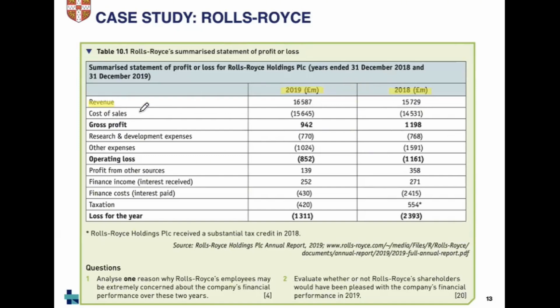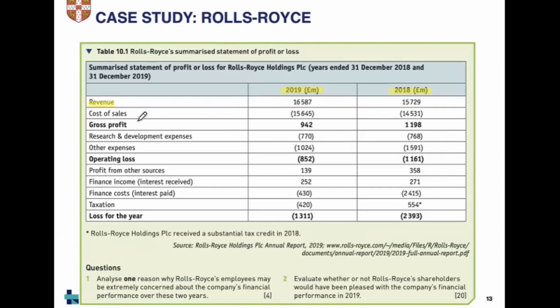Then we look at the cost of sales. Now it is manufacturing engines, engines for ships, engines for airplanes. So what will be the cost of sales? These are the parts that form the engines, all right? All these metallic stuff, all these electronic stuff, all the wires, these are its direct material. Then it will also have the highly skilled people who work on these engines, their wages.